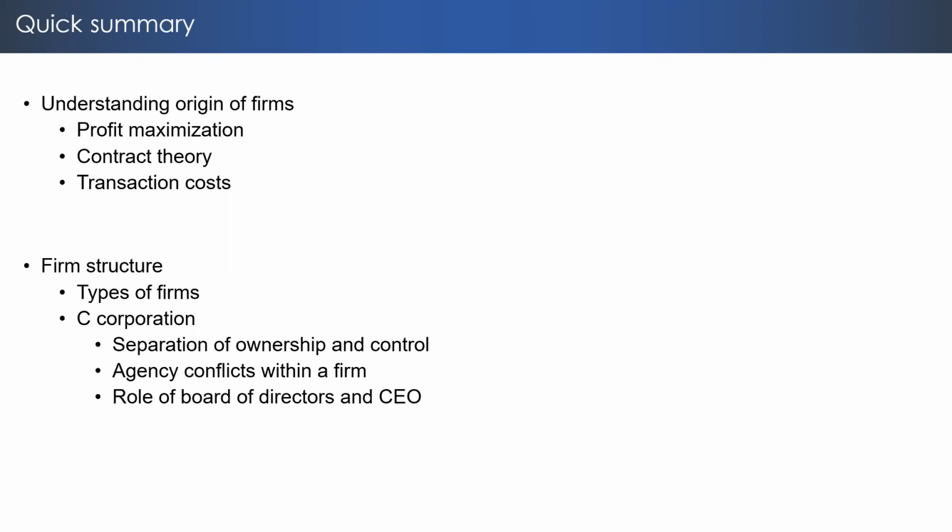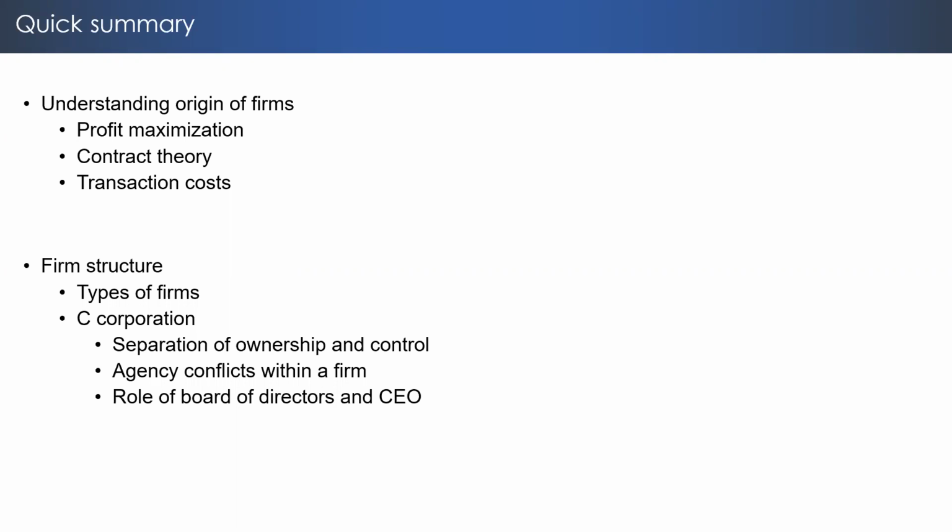Meaning that if you hire a CEO from outside who does not have much ownership of the company, then the CEO is likely to engage in agency issues. He will likely do something for himself at the cost of other owners of the company. So that's related to the agency conflicts within the firm.